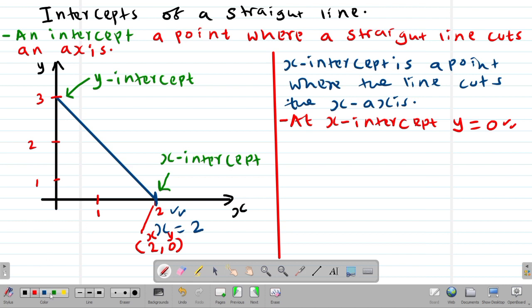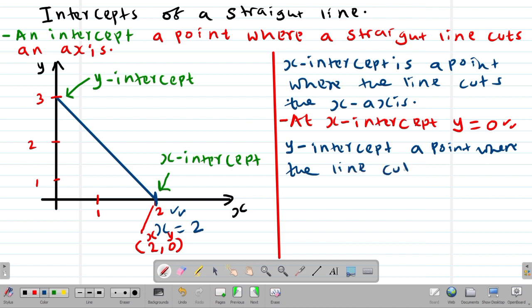Then the other thing we need to know is what we call the y-intercept. The y-intercept simply refers to a point where the line cuts the y-axis.